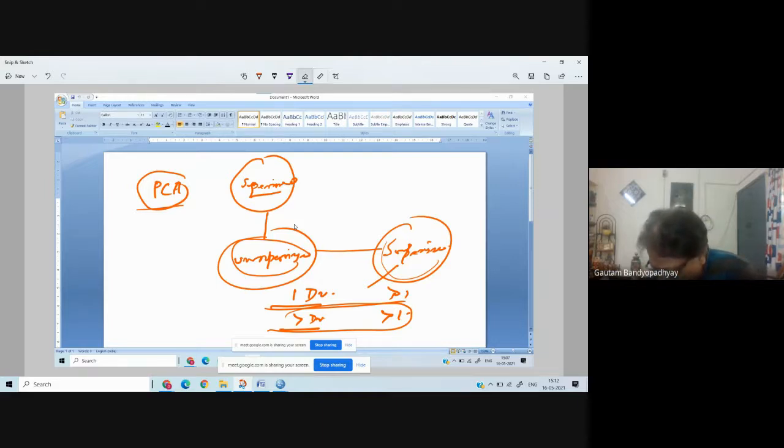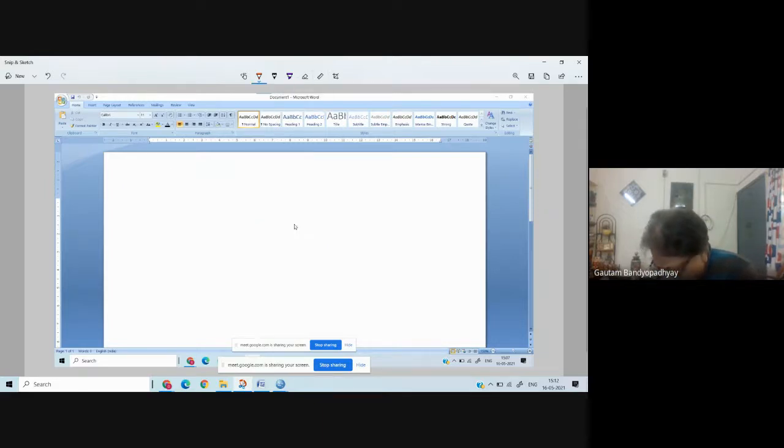Now come to feature selection. There are different methods. I'm not going into that part in detail. One method is very interesting, called the filtering method.